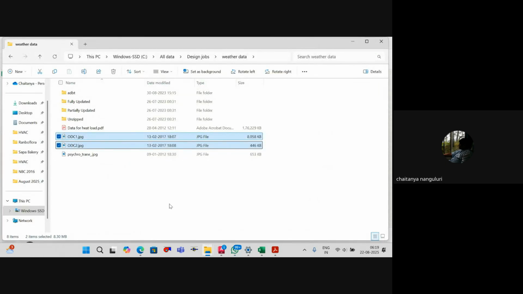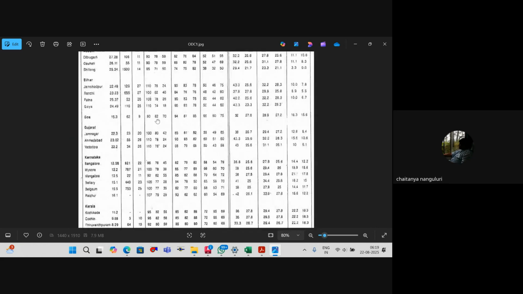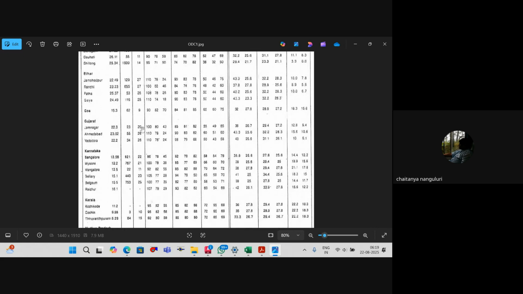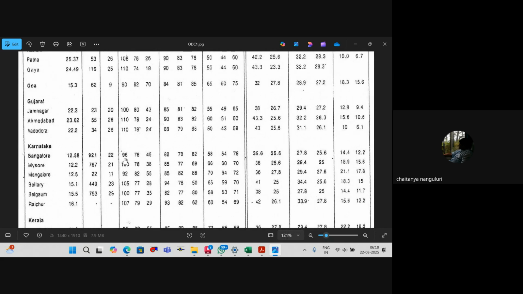Okay. So now if you see your outdoor conditions, what is the state? Karnataka, Bangalore. If you see this particular condition, you can see summer dry bulb, wet bulb, RH. For Bangalore, the dry bulb temperature is 96, wet bulb is 78 and 45% is RH.